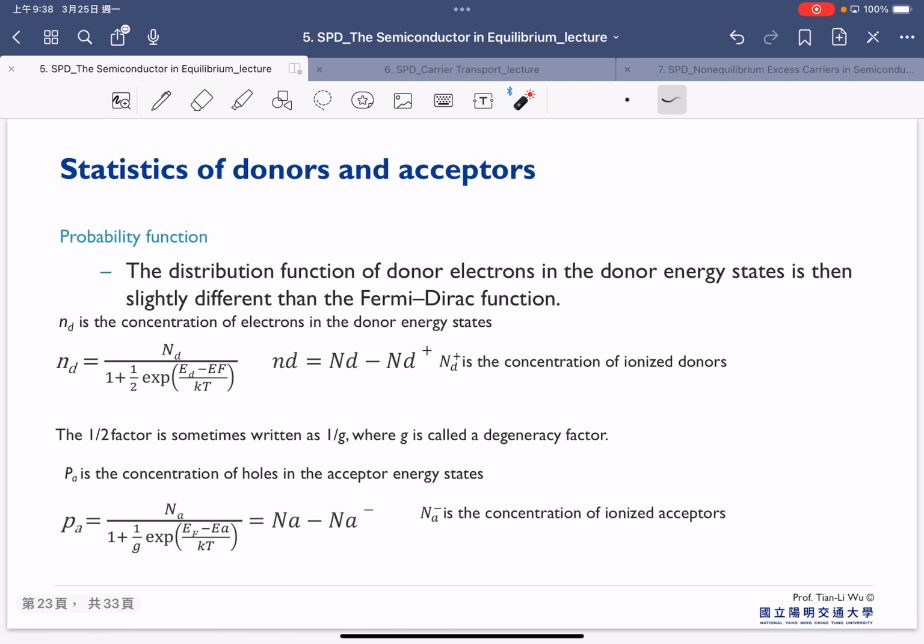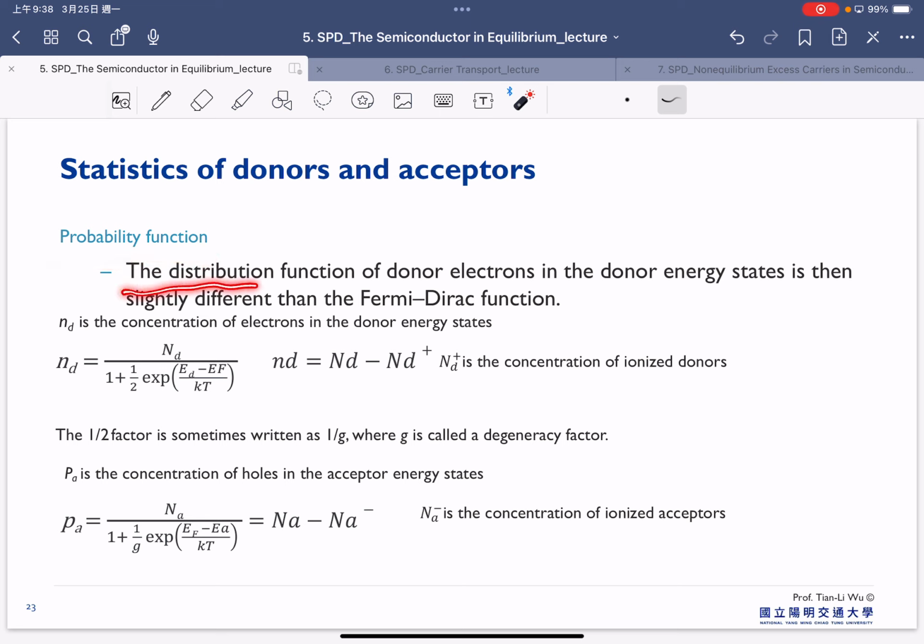Since we have already previously discussed that when we consider the carriers we have to use statistics, we also have to use statistics to describe the donors and acceptors here. Therefore we have to introduce a probability function.